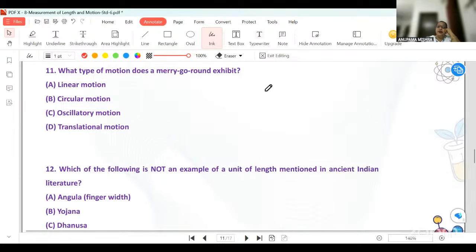Suppose this is the stand here and this is the merry-go-round. So what type of motion is it? Linear motion, circular motion, oscillatory motion, or translational motion? Tell me. Yeah, B is the correct answer. It is circular motion. Very good.